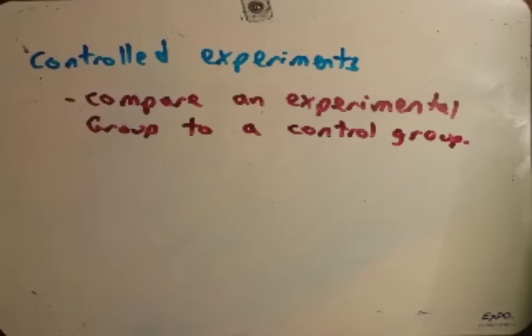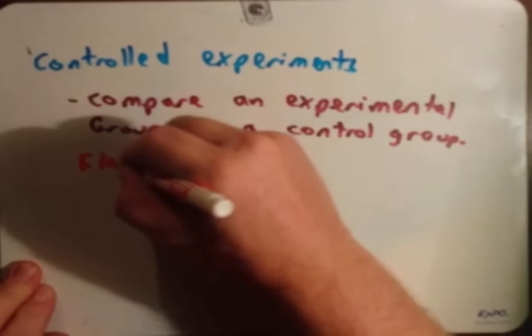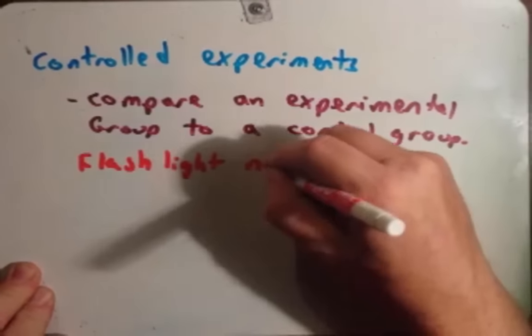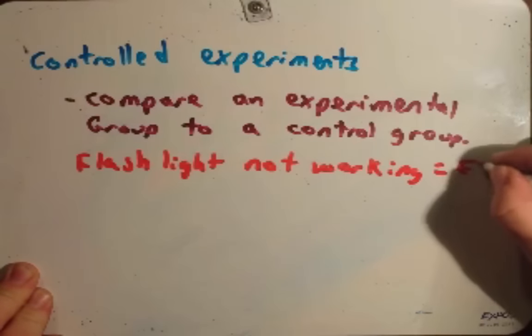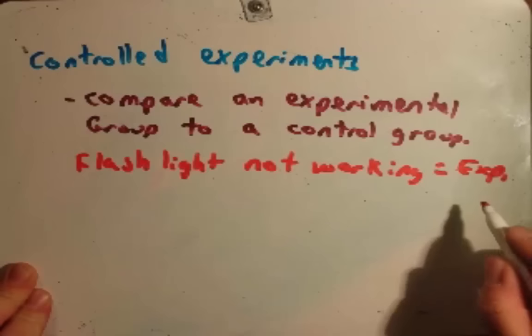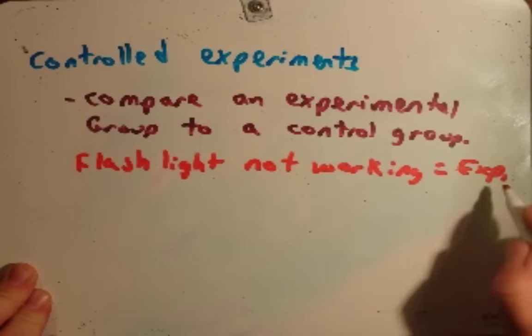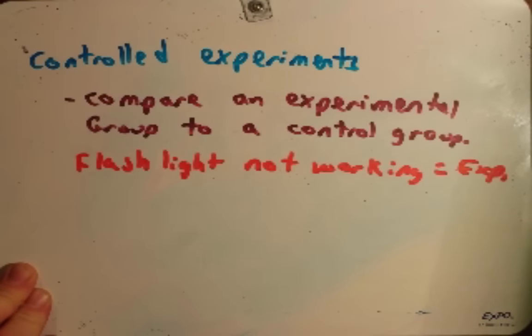So the flashlight example, the flashlight not working is the experimental group. And I just abbreviated experimental group with EXP.